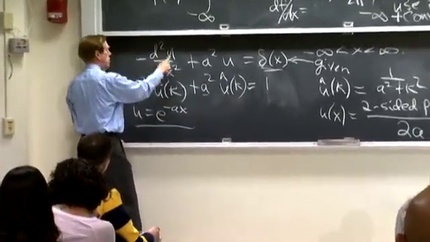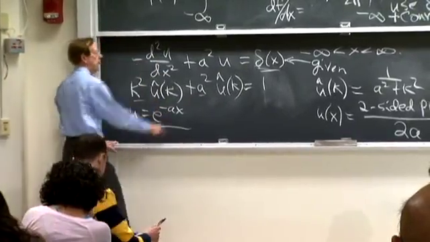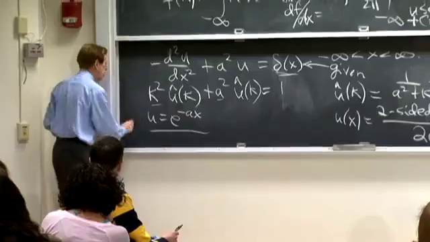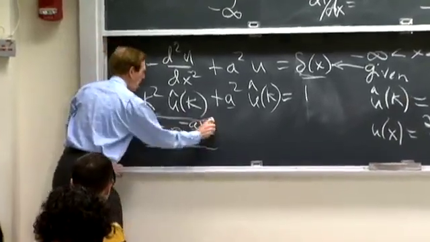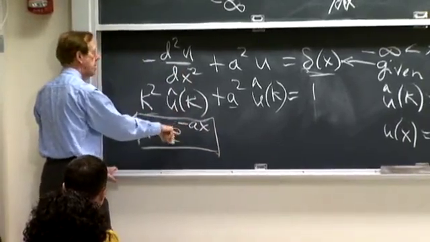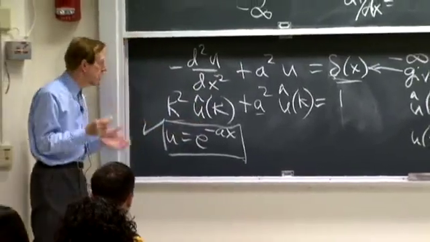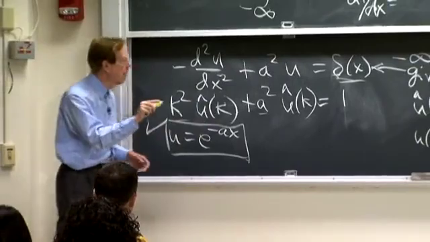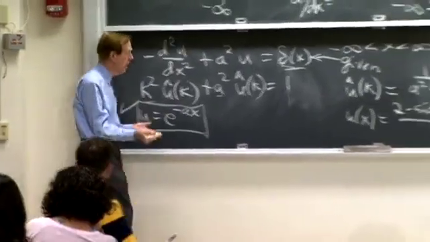Two derivatives of this function bring down minus a twice, so that's a squared. So it's minus a squared plus a squared. It works. And then, of course, the important point is x equals 0, where the spike is.